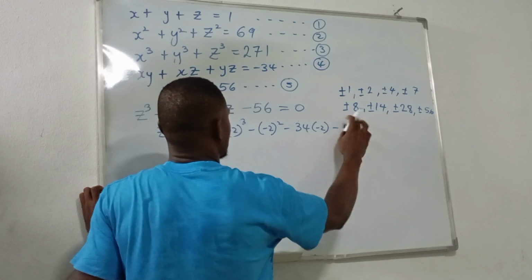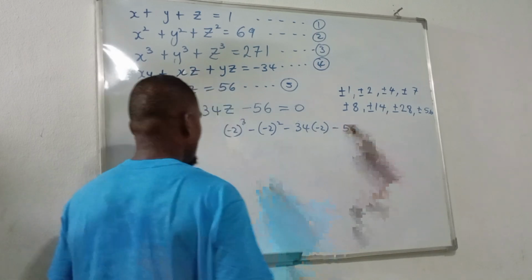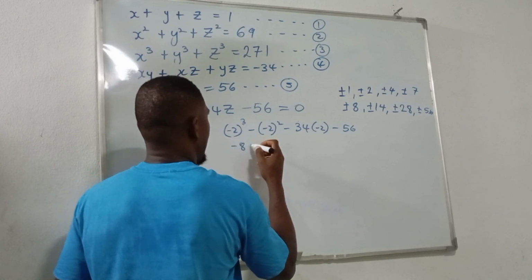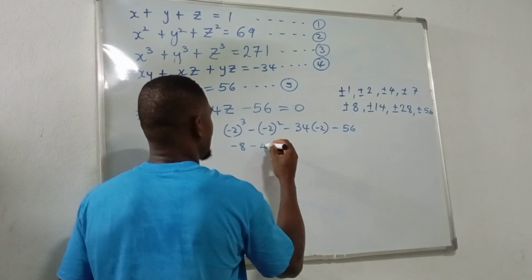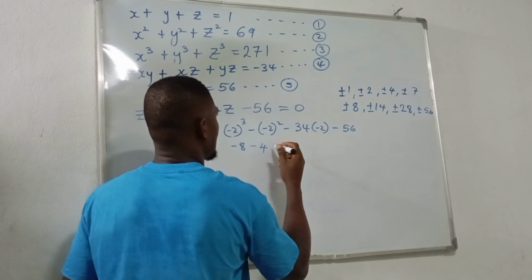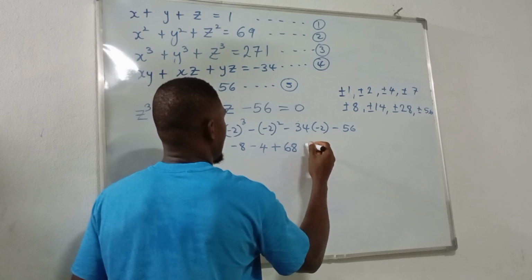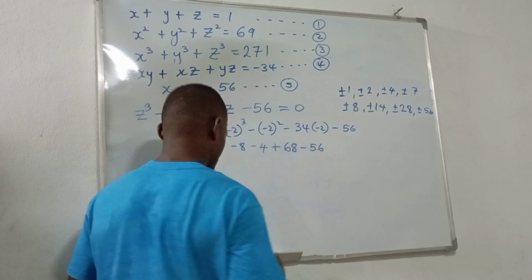And we're going to test if this is going to give us 0. Now this is going to give you negative 8. This is going to give you negative 4. This is going to give you positive 68. And then we have negative 56.